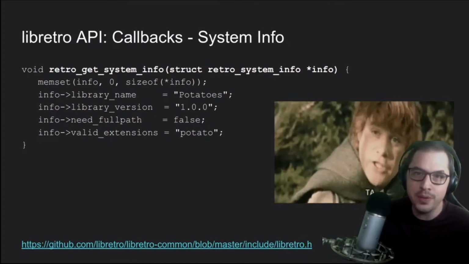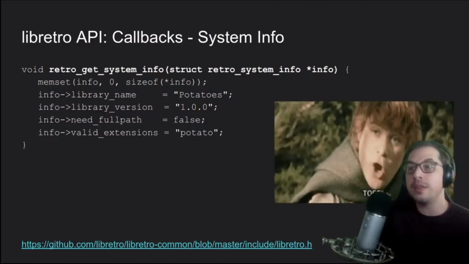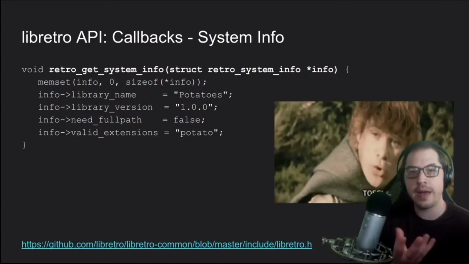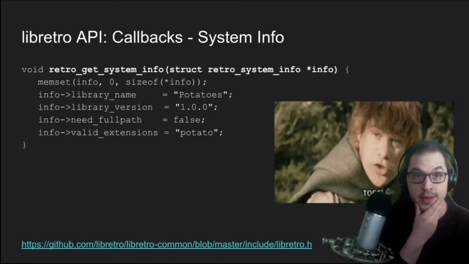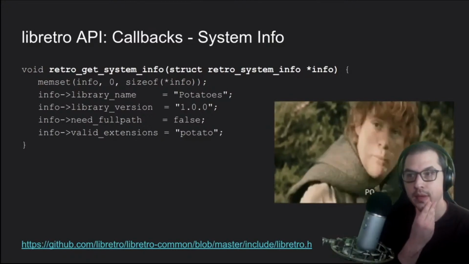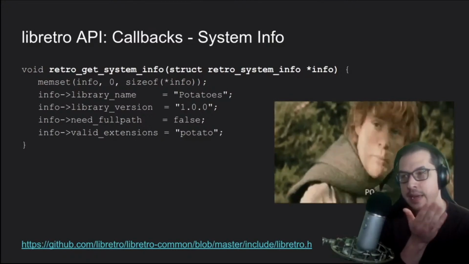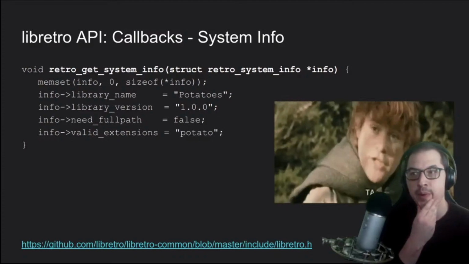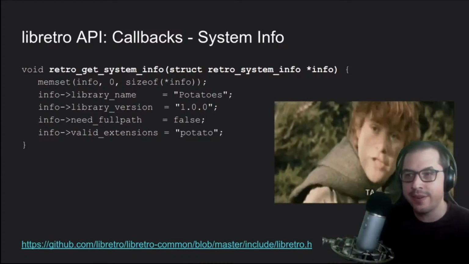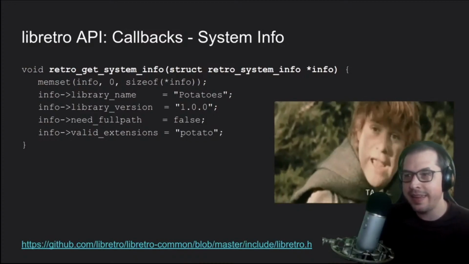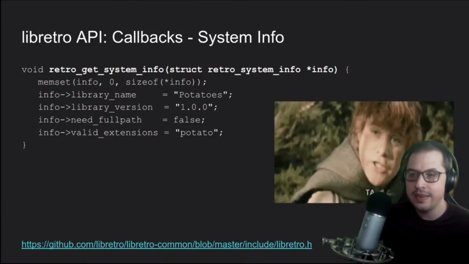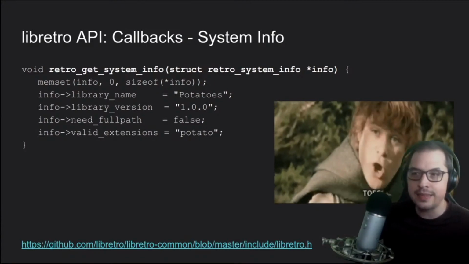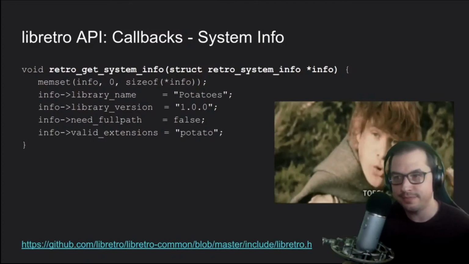When a front end boots up a LibRetro core, it will call this function just to acquire some information about what the core is, like the library name. In this case, we have potatoes as the library name. We're also defining the version and any valid extensions. So in this case, we'll be loading .potato files.